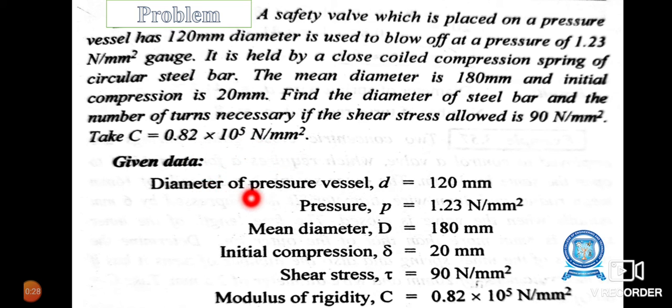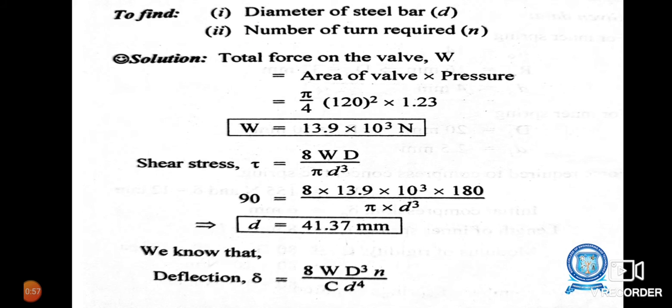So the given data: diameter of the pressure vessel, small d, is 120 mm, pressure P is equal to 1.23 Newton per millimeter square, mean diameter capital D is equal to 180 mm, initial compression del is equal to 20 mm, shear stress tau is equal to 90 Newton per millimeter square, modulus of rigidity C is equal to 0.82 into 10 power 5 Newton per millimeter square.